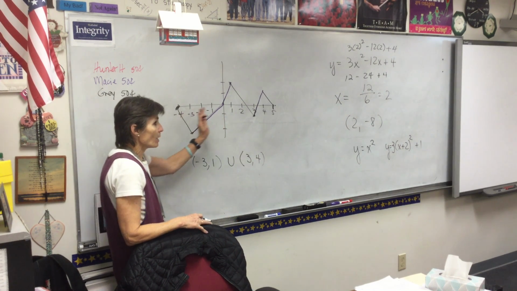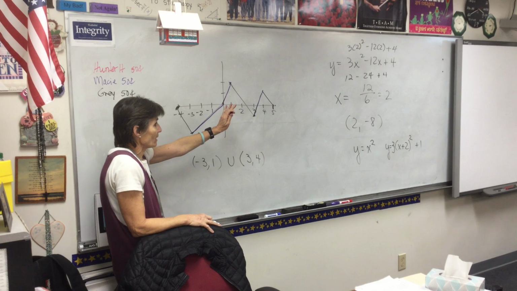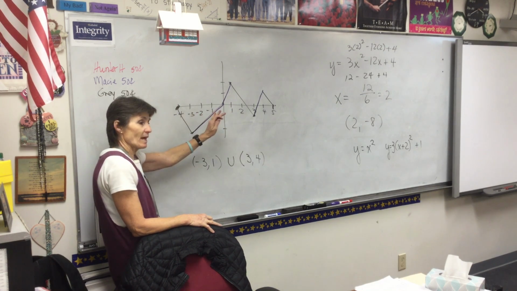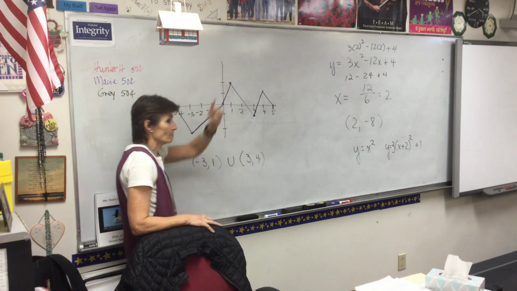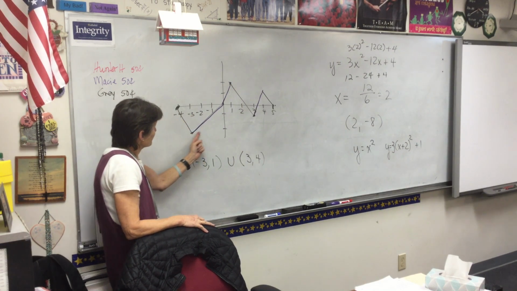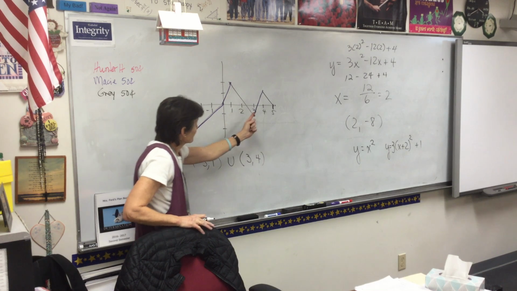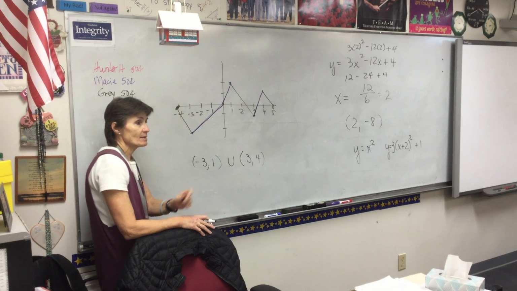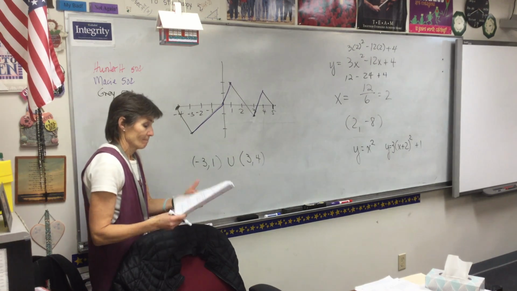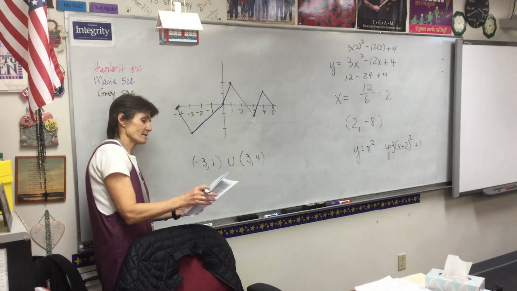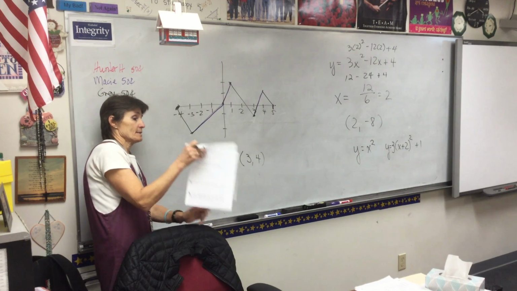I'm moving left to right, so I'm looking at my X values. What X values have Y's that are going up? Everything from here to here, and then everything from here to here. That's the answer. That's easy. So far, I think the whole shebang's easy. Let's see what's next.